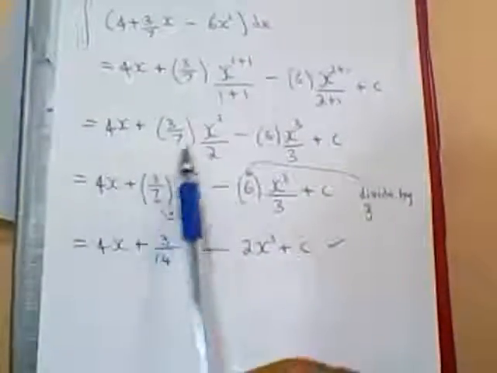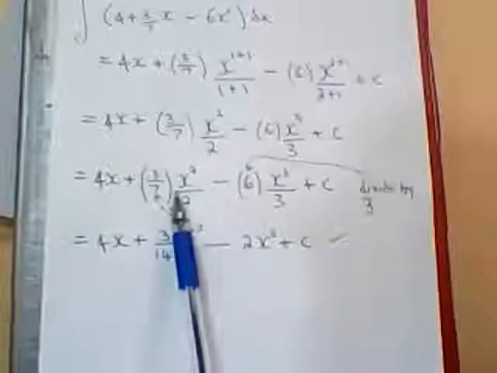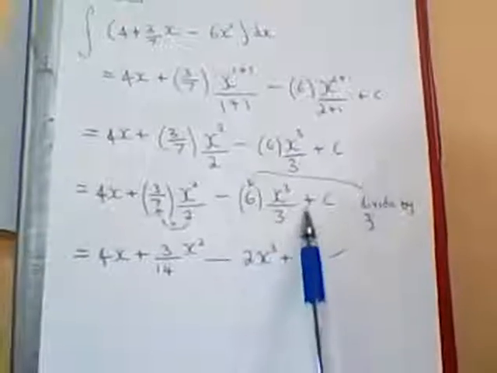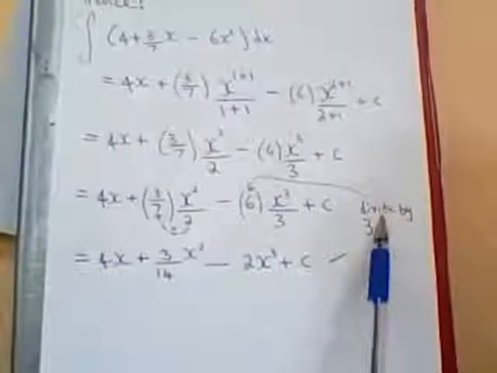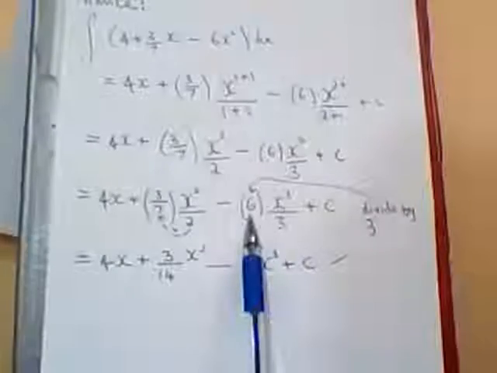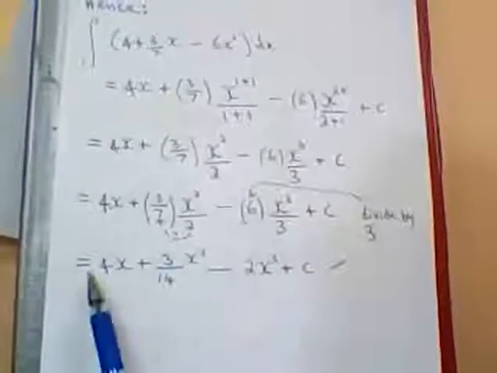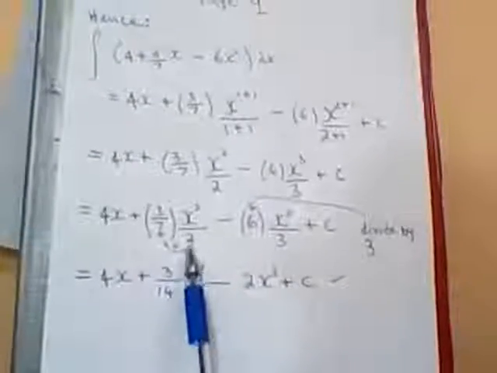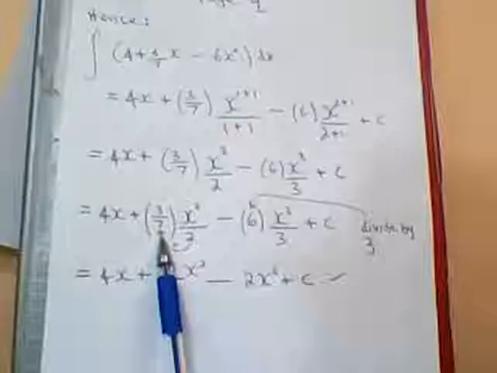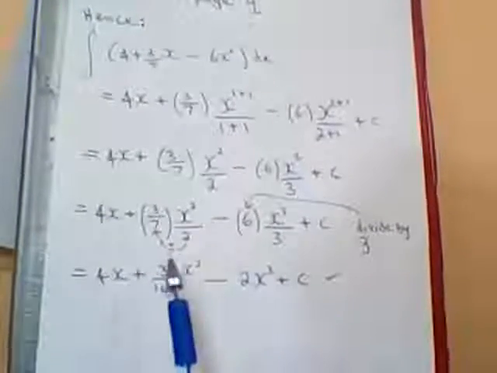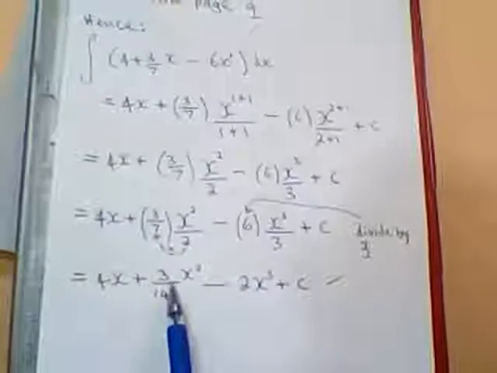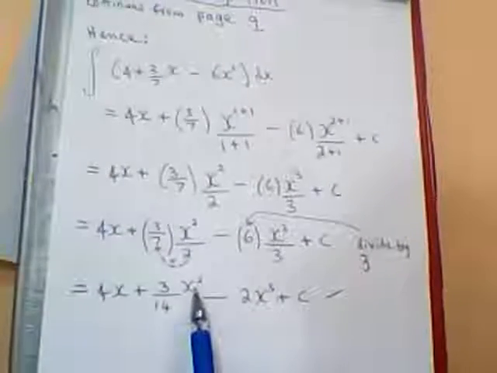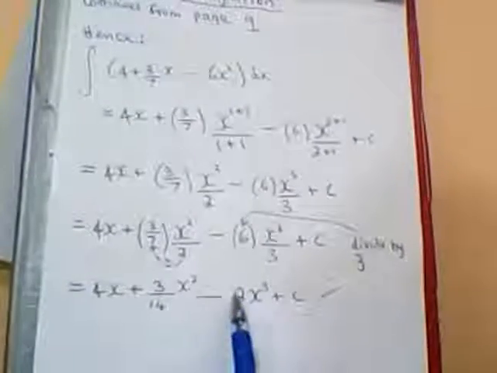Now 4x plus 3 over 7, x squared over 2 minus 6, x to the cube over 3 plus c constant. Now what I've done here is to divide by 3. And what that then gives me is 4x plus 3 over 14. Here I've multiplied 2 by 7, which is 14, which over 3 becomes 3 over 14, x squared minus 2x to the cube.